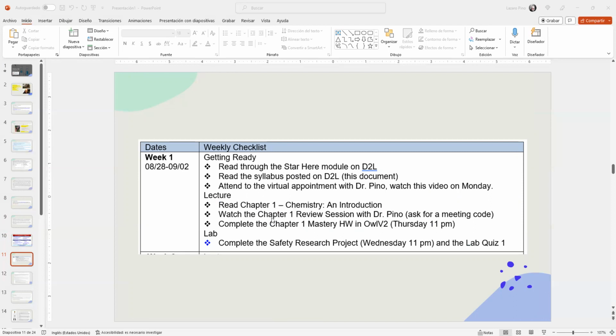You are going to do the chapter 1 mastery on OWLv2, Cengage. That's why it's very important that you buy the code as soon as possible. And you are going to do the safety research project and the lab quiz number 1. All these activities are during this week. Don't hesitate to ask me any question if you have any doubt.